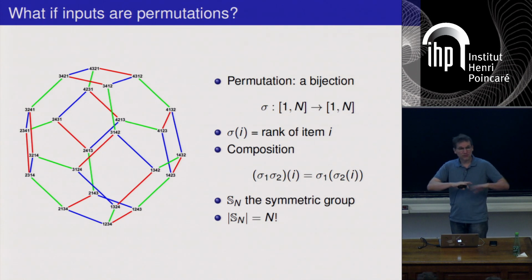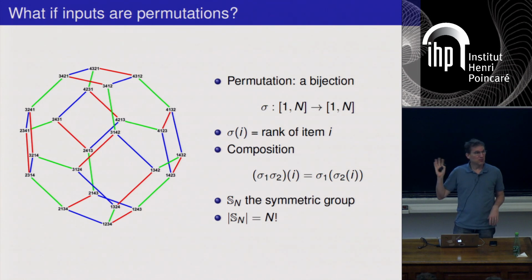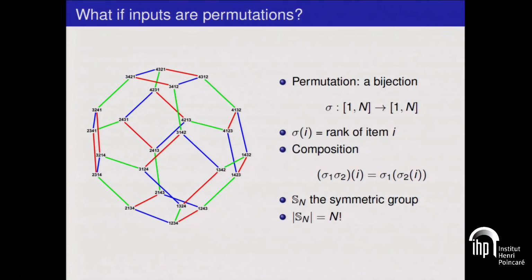If you're not familiar with the field, this may be the most important slide because it explains what I mean by permutations and rankings. A permutation is standard vocabulary in mathematics, there is nothing new here. A permutation is just a bijection, a one-to-one mapping from the integers 1 to n, where n is fixed, to itself.